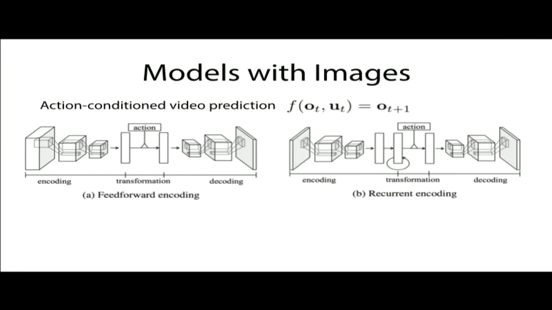The second version of their network is a recurrent encoding. They take an image and map it to, again, some lower dimensional state. It's not as low dimensional as the 2D case, but it's lower dimensional than the image. Then they have what's called an LSTM, or long short-term memory, a type of recurrent network that has a hidden state at each time step.